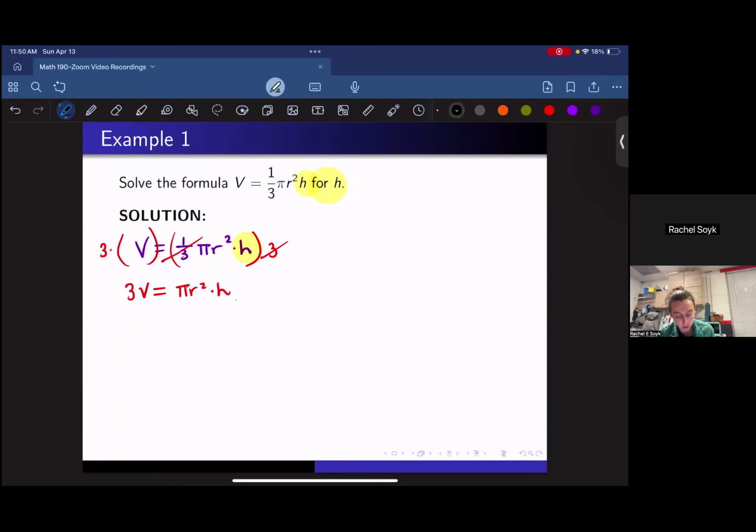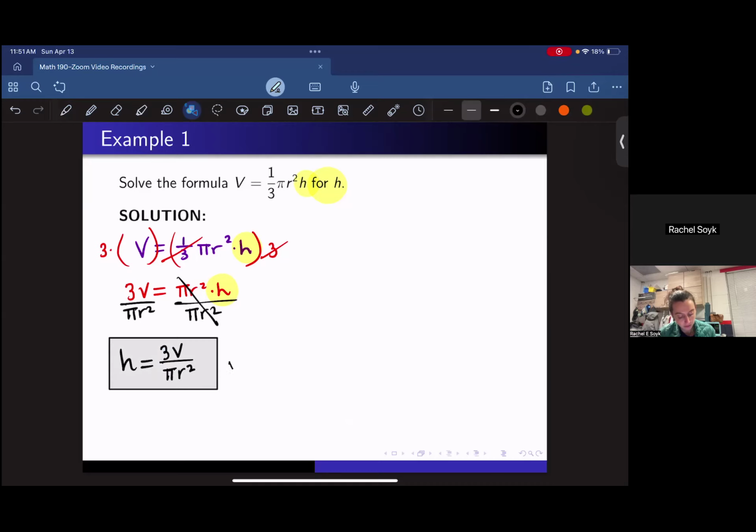And then we are going to once again utilize our inverse operations and divide both sides by pi r squared. That way we have h all alone on one side. And so h is equal to 3v all over pi r squared. And we are done. Easy enough.